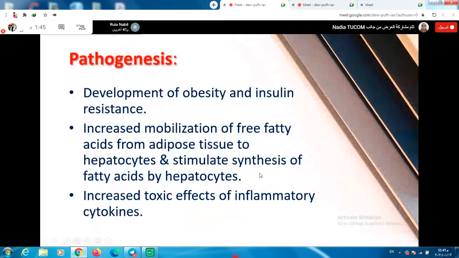The development of obesity and insulin resistance is behind the pathogenesis of non-alcoholic fatty liver disease.